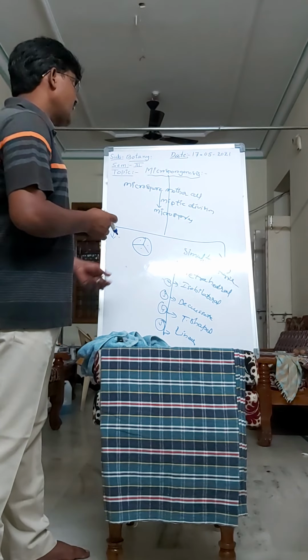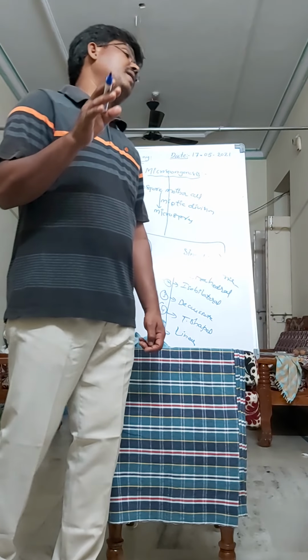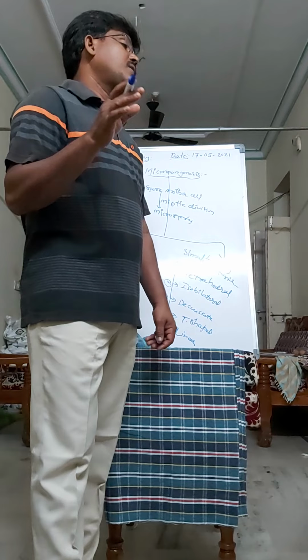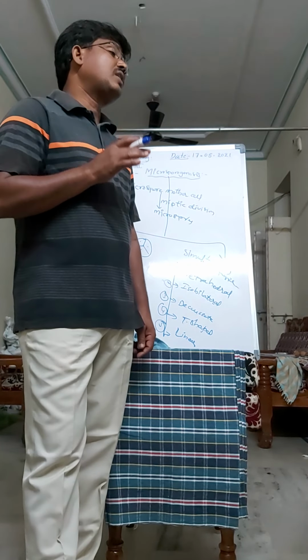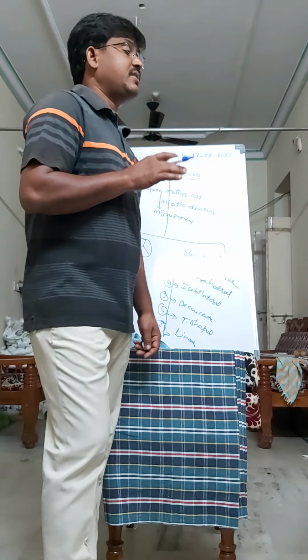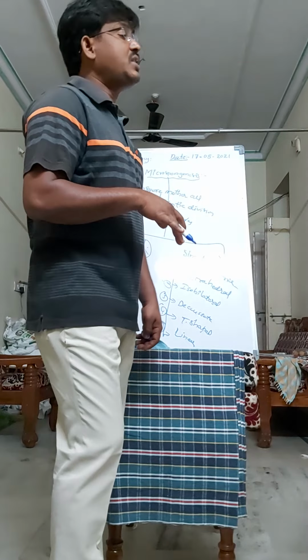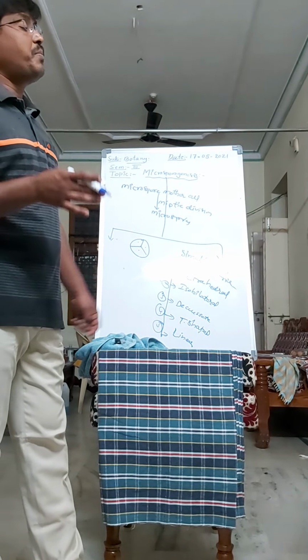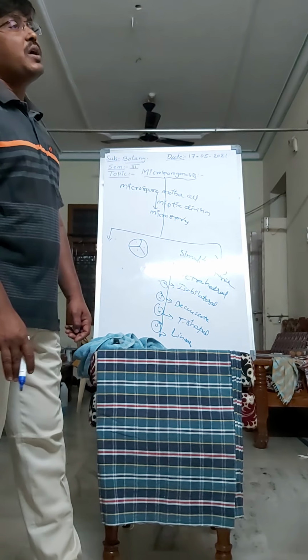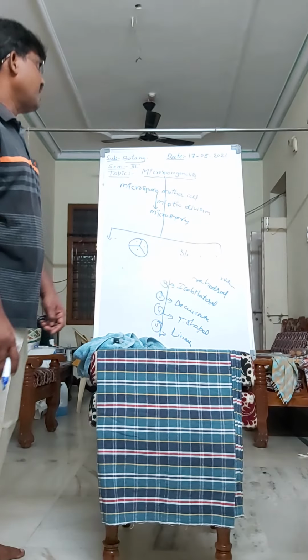And the second one is isobilateral. In this type, the 4 microspores are arranged in the 4 corners of a square. So this is called isobilateral type. For example, we may see this type of microsporogenesis in maize plant.